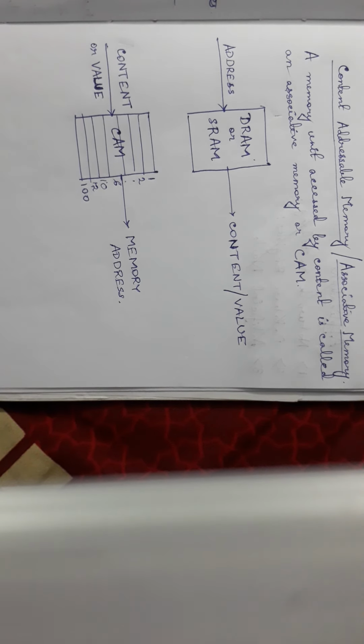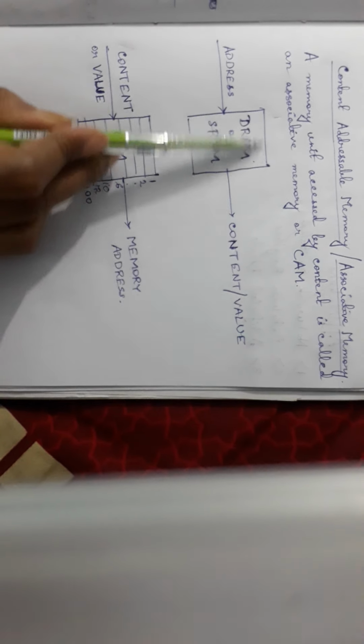Or in case of storing data in RAM, the CPU sends the address where we have to store the data, and also sends the data to the RAM. Then RAM has both the address and the data, so it stores the data sent from the CPU at that address location.